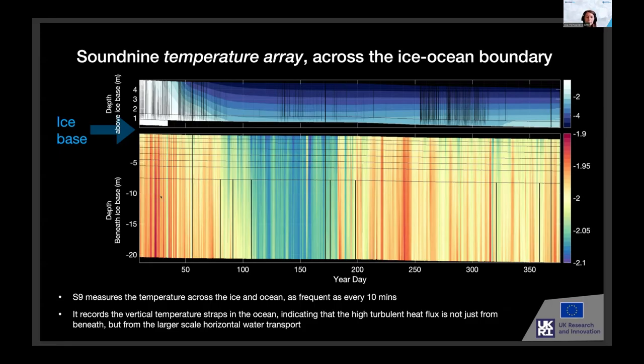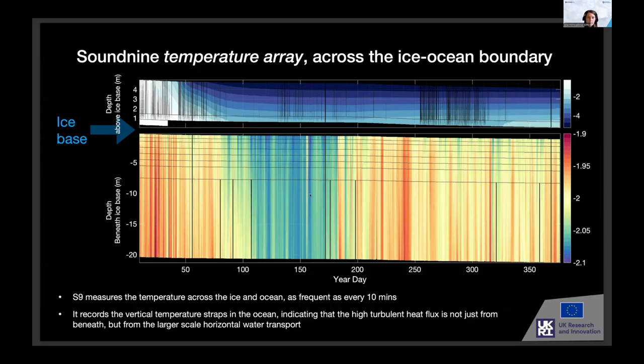So we can see these very high frequency changes in the ocean, and so it records the vertical temperature changes in the ocean, indicating that the high turbulent heat flux that I just showed you is not just from the water beneath the ice, because if it is the case, we will see a much higher vertical temperature gradient in our figure, but that's not what we are seeing.